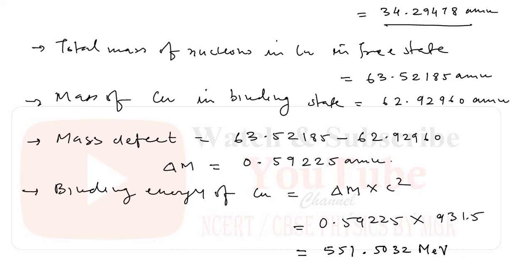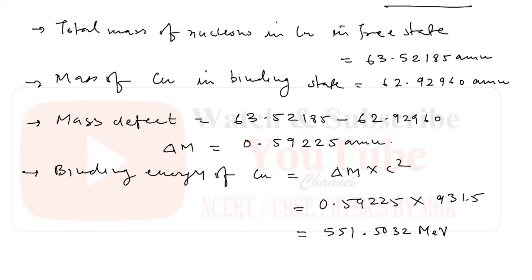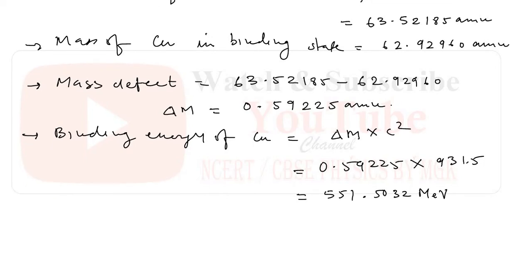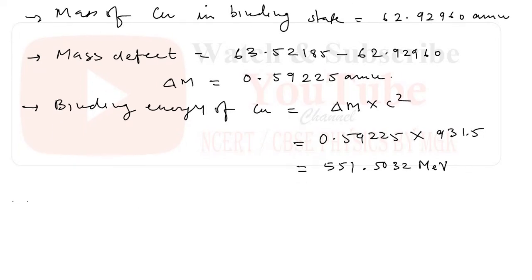Now we know that what we have to find is the energy required to separate the nucleons, meaning protons and neutrons, in a 3 gram copper coin. So first of all we have to find the total number of atoms present in the coin.